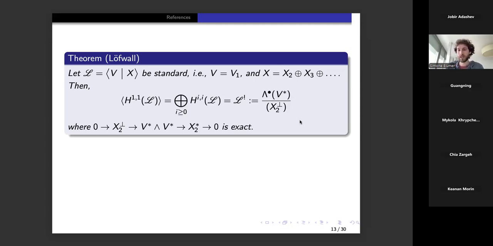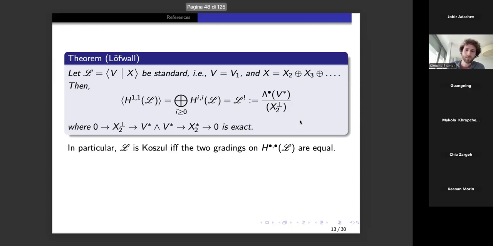And so you may imagine that quadratic Lie algebras have a special role in the theory of arbitrary graded Lie algebras because of this fact. And in particular, we have defined Koszul Lie algebras as Lie algebras where the left-hand side is precisely the whole cohomology ring. So if a Lie algebra is Koszul, then the two gradings are equal. So there is no distinction between the homological degree and the internal degree.